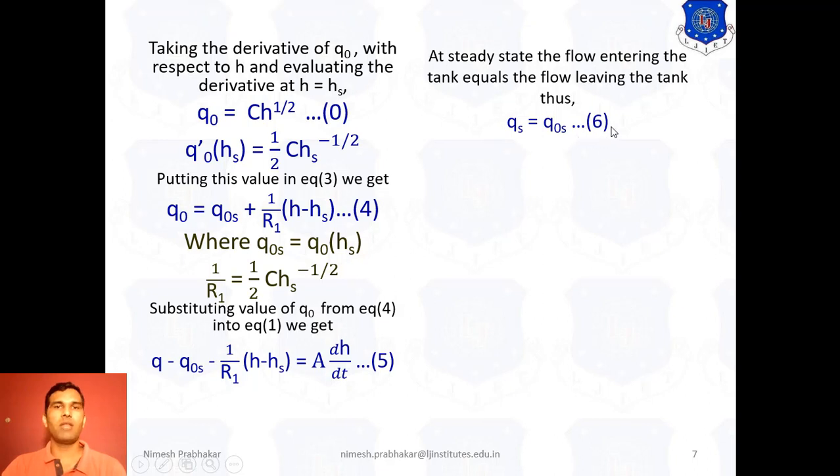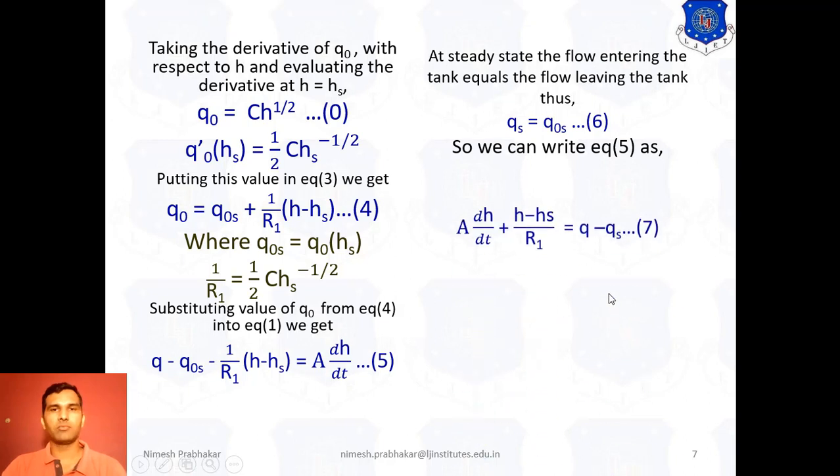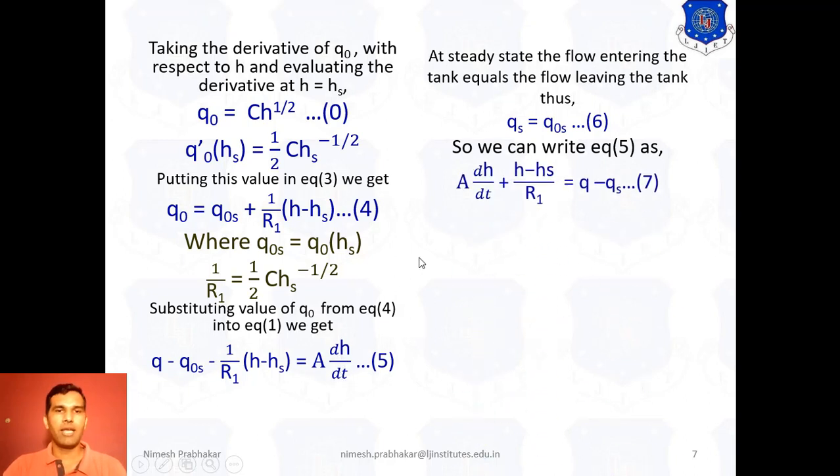So putting this value in this term, Q0s we write Qs. So we can write equation number 5 as A dH by dt plus (H minus Hs) upon R1 is equal to Q minus Qs.